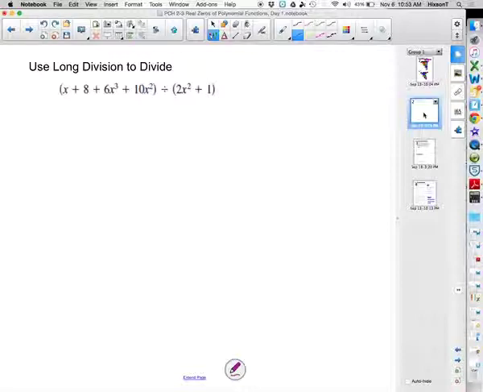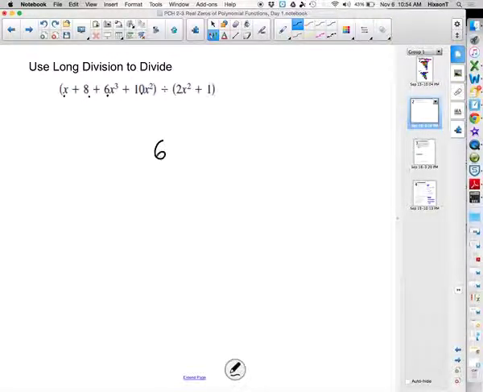Another thing too, as we look at this example here, you'll notice the terms in what we're dividing are all mixed up. So the first thing I would want to do if I were approaching this problem is to write the terms here in decreasing degree.